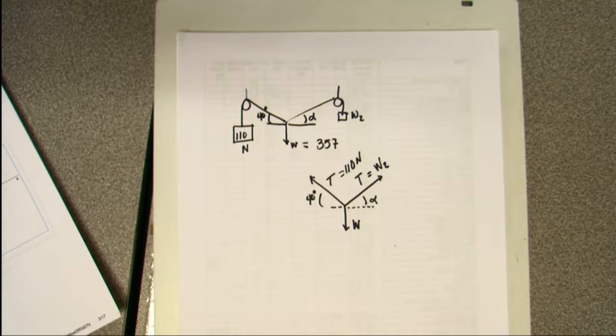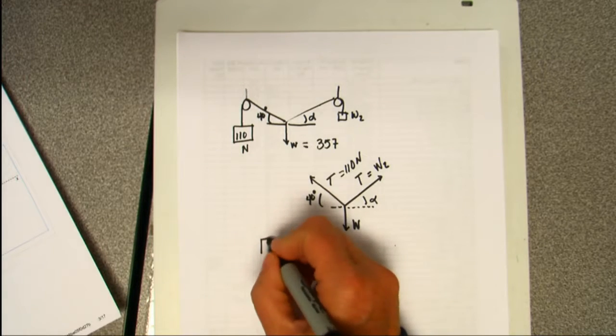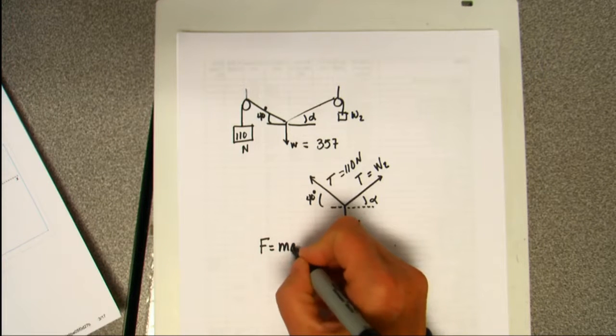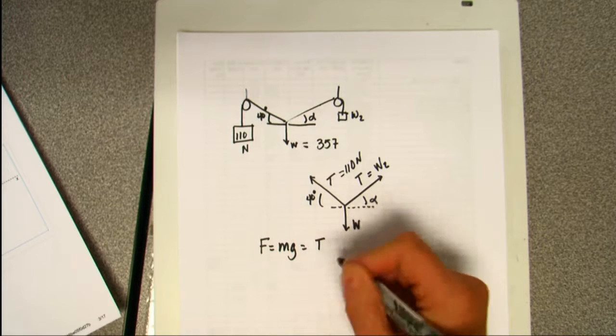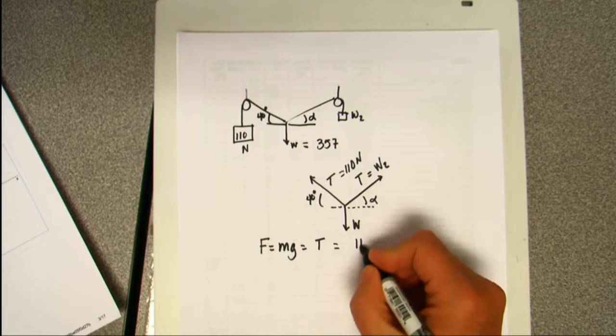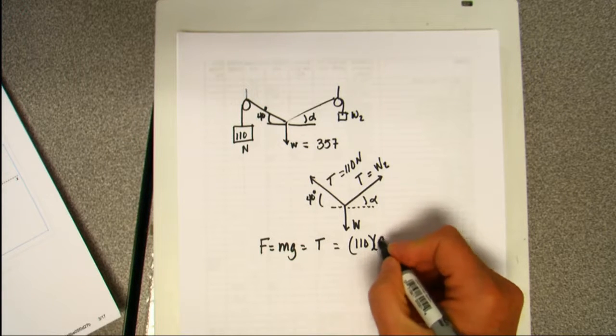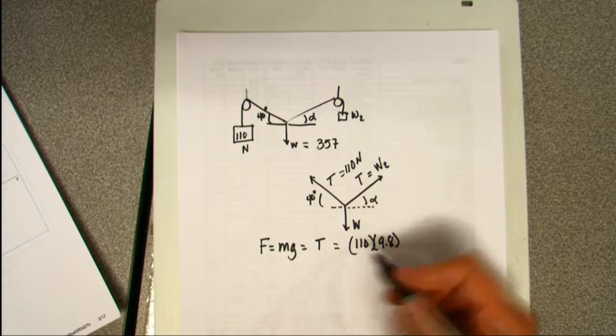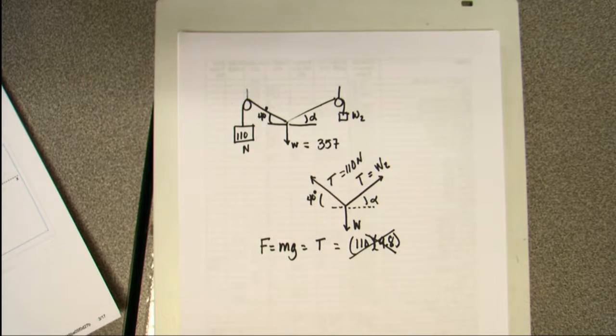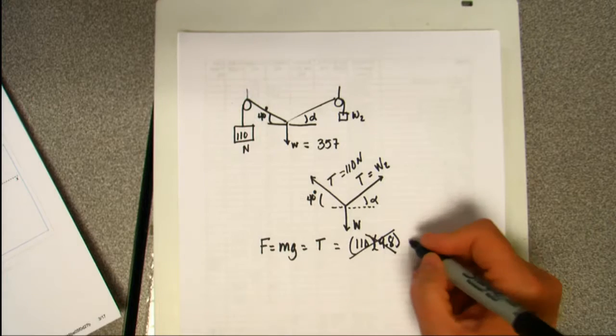And your first likely mistake was as follows. Many of you went ahead and said, okay, I've got F is equal to mg, which is going to equal my tension, which is now going to be 110 times 9.8. Look at the units.